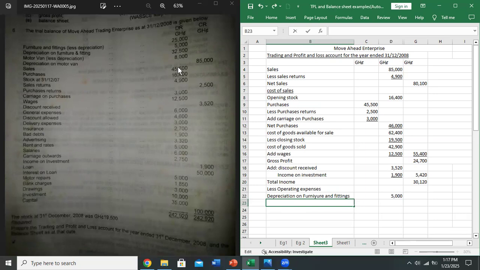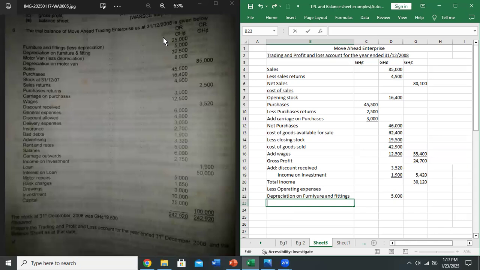Okay, actually, okay. I'll see the general expenses. Okay, general expenses. Please, okay, so that is here, 6,000. Prof. Ashley, what will be your expense?